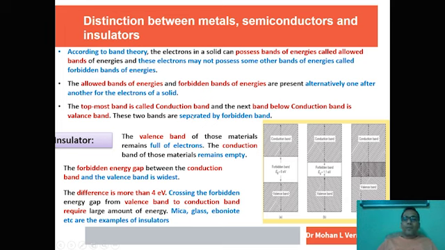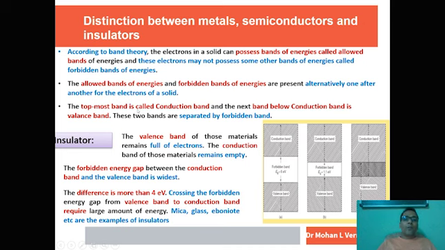Now the classification of solids on the basis of band theory. According to band theory, the electrons in the solid can possess bands of energies, that are called allowed bands of energies, and these electrons may not possess some other bands of energies. These are called forbidden bands of energies. The allowed bands and forbidden bands of energies are present alternately, one after another, for the electrons of a solid.